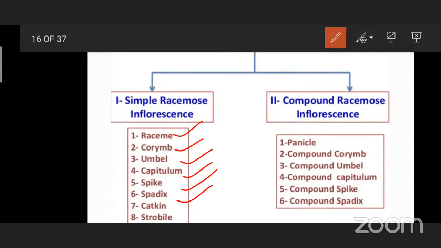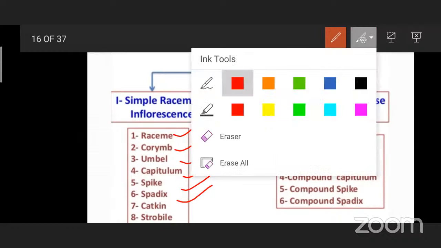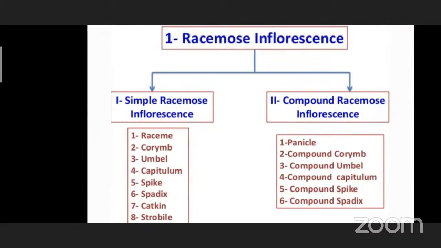From the exam point of view, in an 8 marks question, the question is: write different types of racemose inflorescence. Only write about the 6 types: raceme, corymb, umbel, capitulum, spike and spadix. Capitulum is also known as head inflorescence.